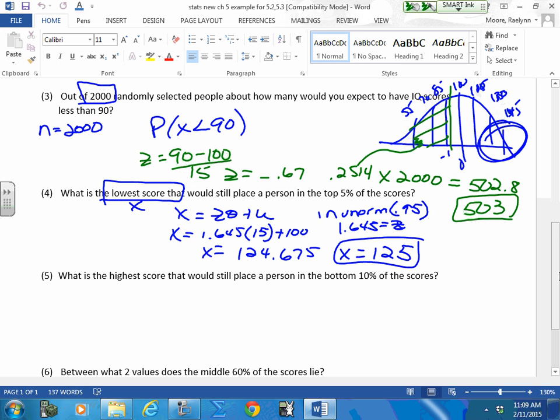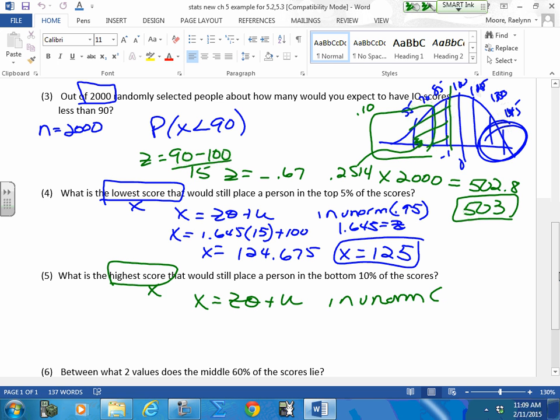Okay? I want the bottom 10%. Where do I find the bottom? On the left or the right? The left. The bottom 10%. What's this area? 10. I wanted the score. I want the x value. So again, I do an inverse norm. For what area? For 10.